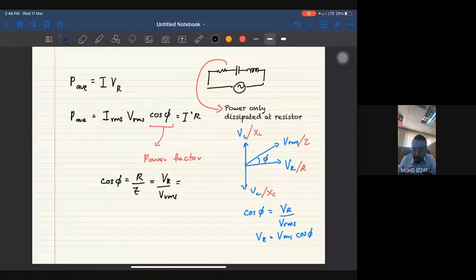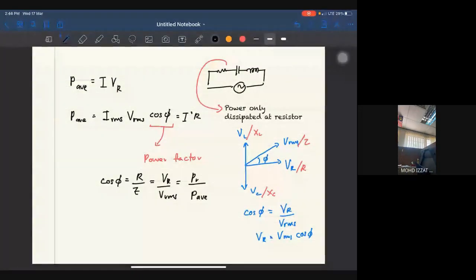Anyway, cos phi ni juga, you can write this one as PR over P average. Okay, saya maybe kena check kamu punya formula sheet. Okay, if you look at your lecture notes, sorry, buku tutorial, kamu ada buku tutorial with you tak?